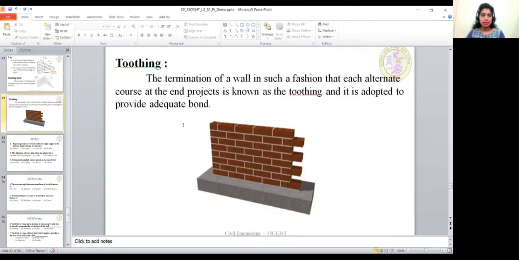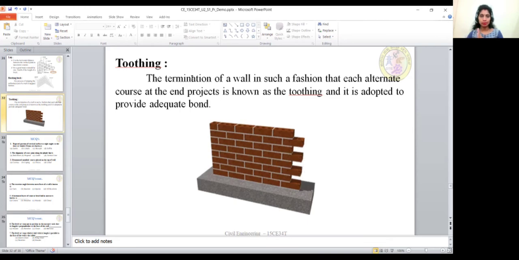Toothing. See, toothing and raking are nothing but the finishing of the end of the wall. In raking, we finished the wall in a stepped fashion. In toothing, we project bricks or stone in alternate courses, then we end by giving tooths.